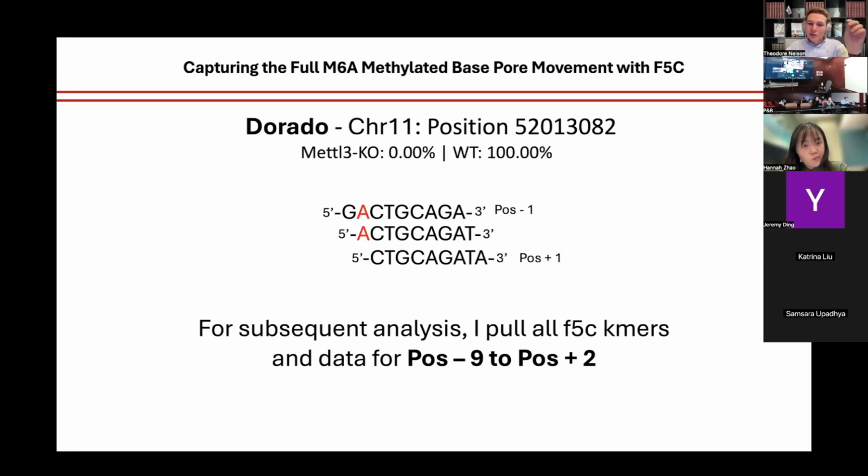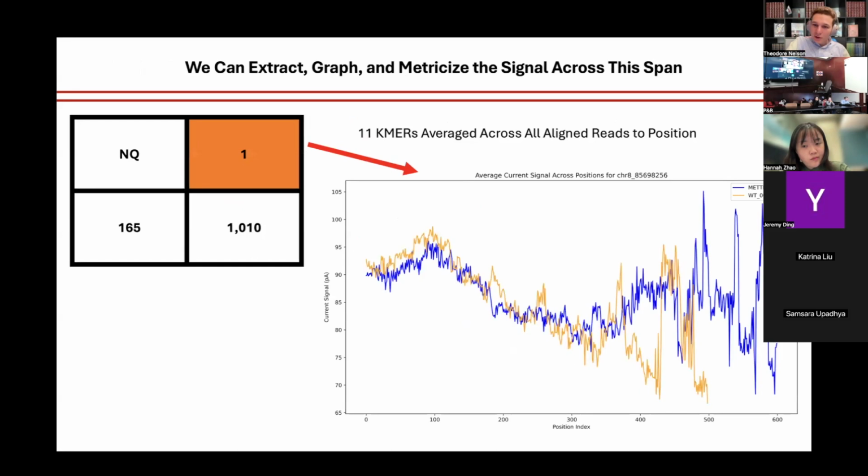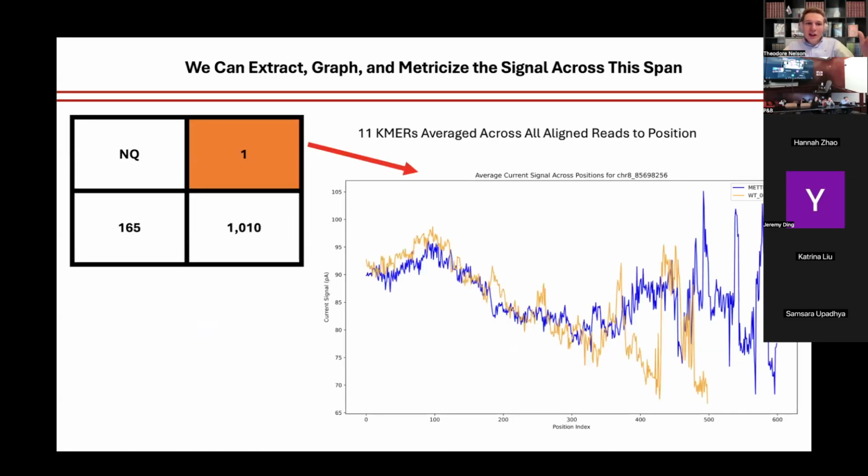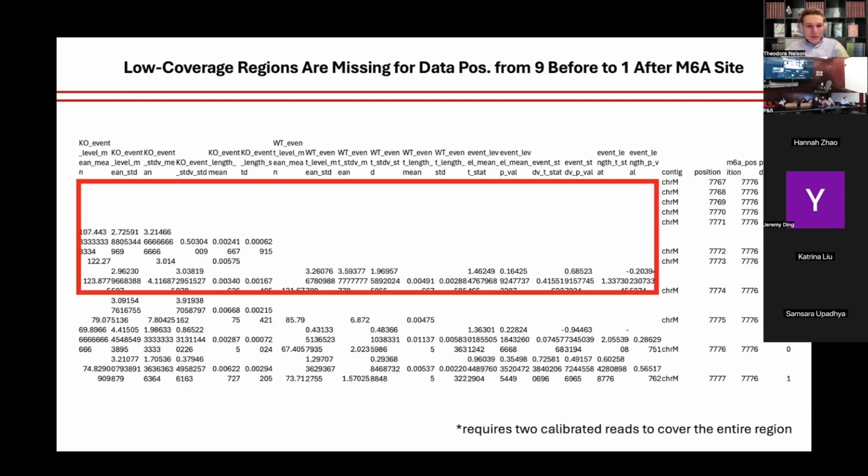I did that for every site that I measured, except for the ones that were below 80% for both, because that might have been computationally expensive. What you can then do is take those k-mers, from position -9 to position +2, take that signal that's reported, and graph it out across these different pieces.